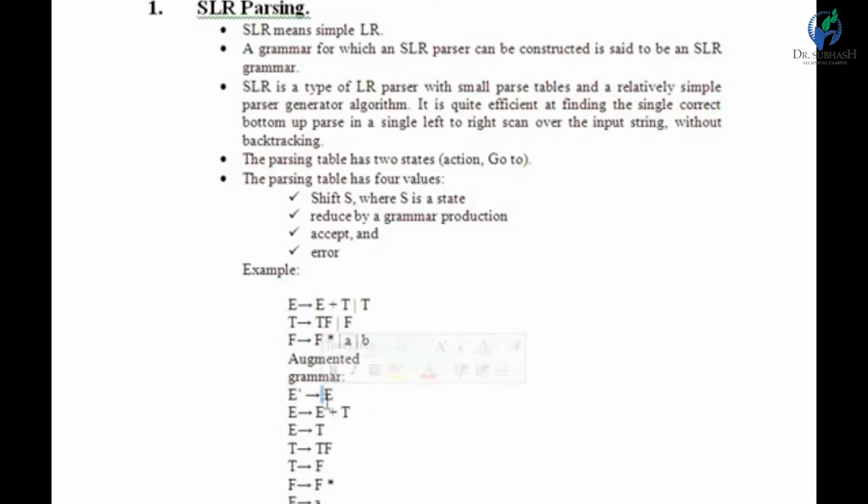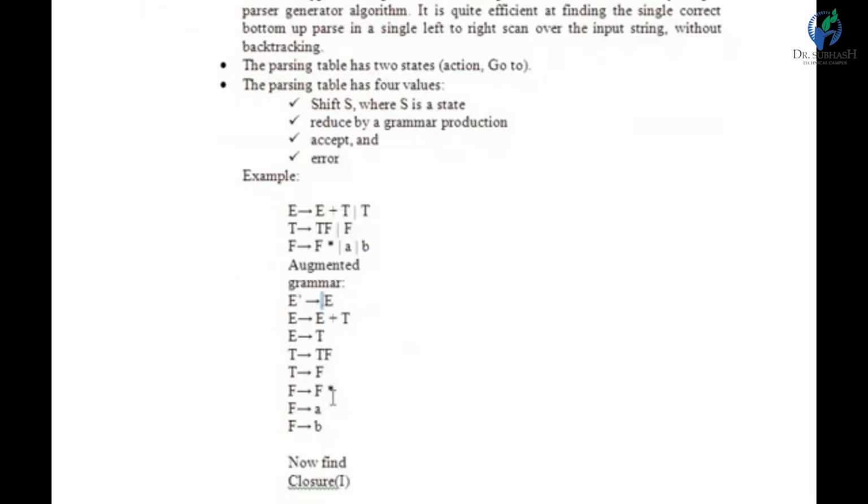After dot, if you find any non-terminal, then write its production. So here E dash gives dot E. After dot you find one non-terminal which produces other productions.